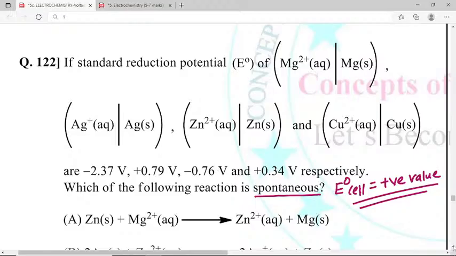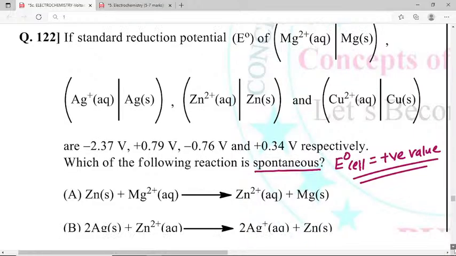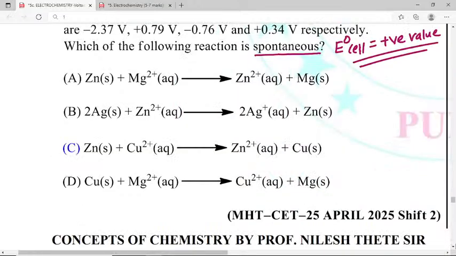E naught cell is equal to positive value. So magnesium value, silver value. So zinc to Zn2 plus. So zinc is oxidized. And copper should be reduced. So it should be anode and it should be cathode.